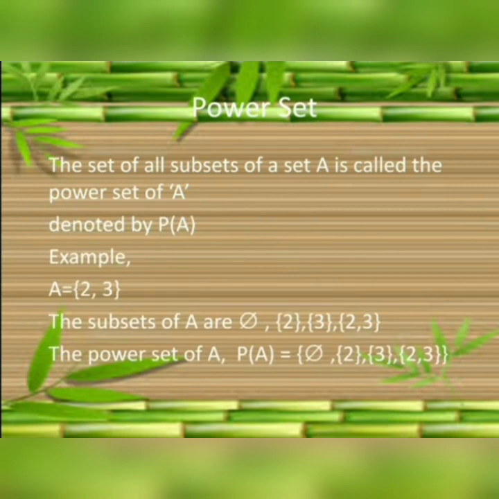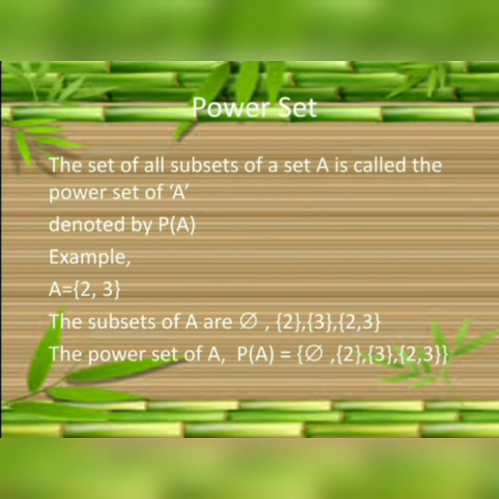Example: A is a set containing the elements 2, 3. So the subsets of A, I told you, are the empty set and the set {2, 3}, which must always be there, and in between you have the elements {2} and {3}. So there are 4 sets: ∅, {2}, {3}, {2, 3}.